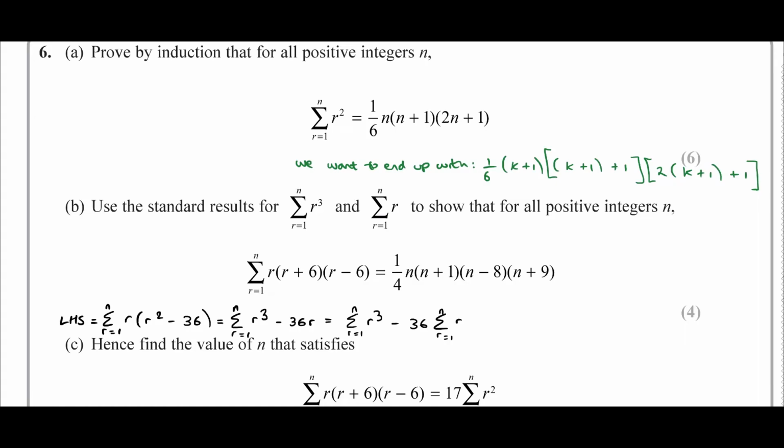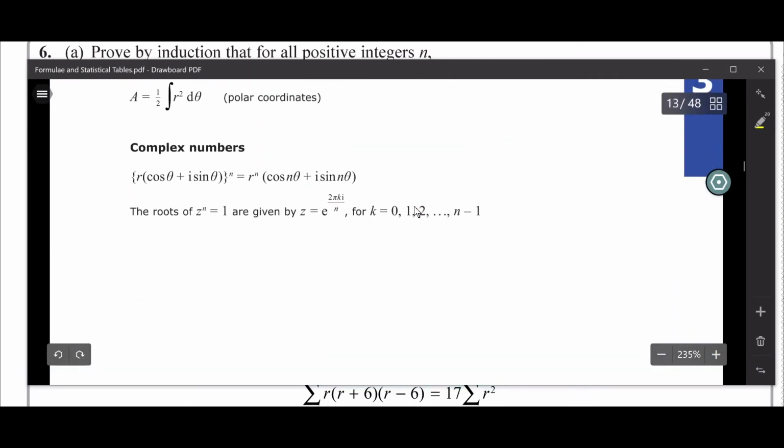And knowing that piece of information, we already know what the result is for the sum from r equals 1 to r equals n of r cubed. If we go to the formula book, you'd find that result over here.